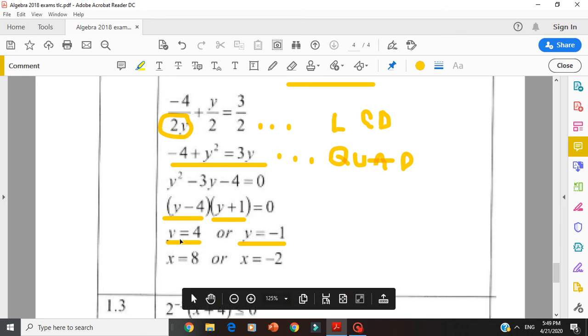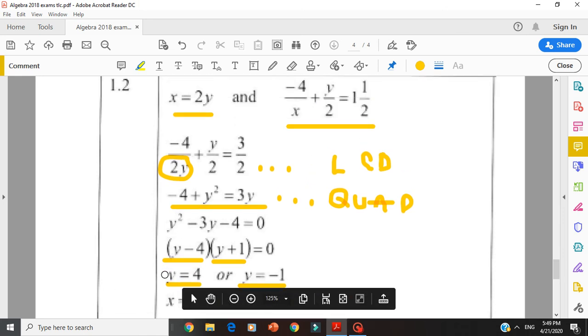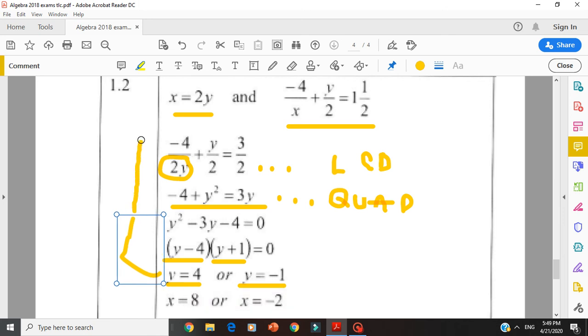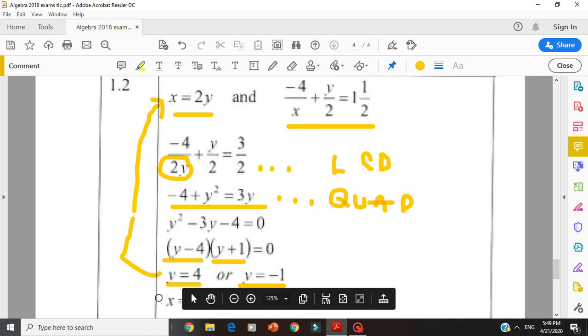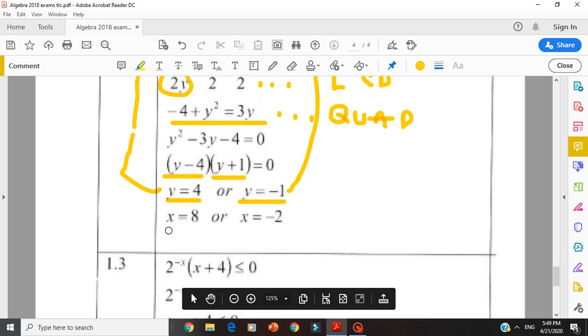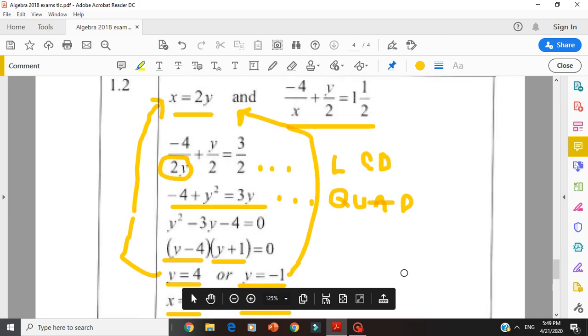So we're going to take this y, sub it back into the easiest equation here and solve for x. And this is the result we get. If you sub in y, you can use your calculators. You'll see you get 8 and minus 2.